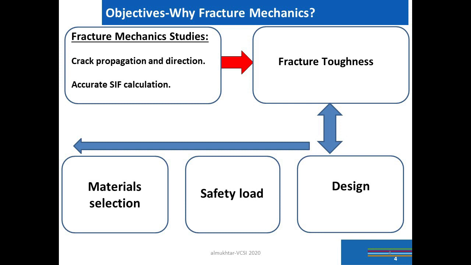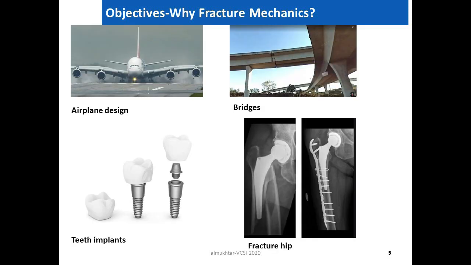These items will help us to find a suitable design, determine the safe load, and select the suitable material, and vice versa. That means the three parts below will enhance the fracture toughness. As mentioned before, the fracture mechanics approach was successfully used in different applications, like airplane design, bridges, and in biomechanics, such as teeth implants and fracture in the hip.